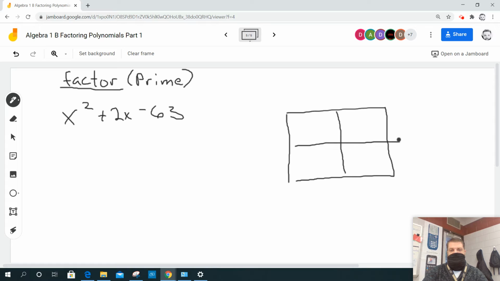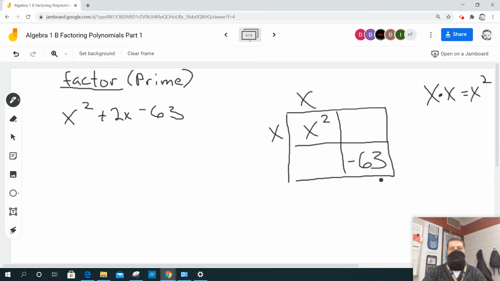I'm just going to take the first term, which is x squared, and then I'm going to take the last term, which is negative 63. And I'll do the first one, okay? X times x equals x squared. So that means I've got x times x.